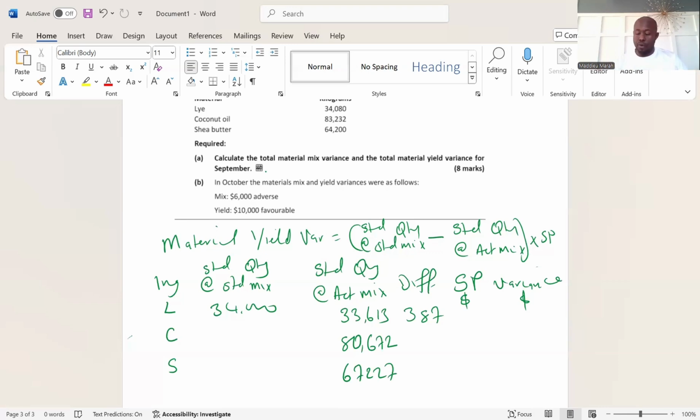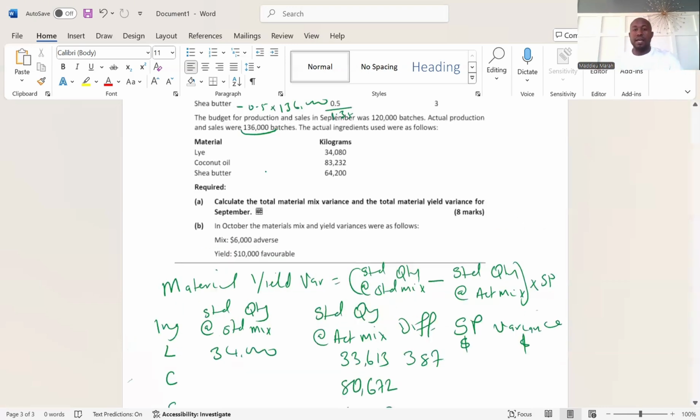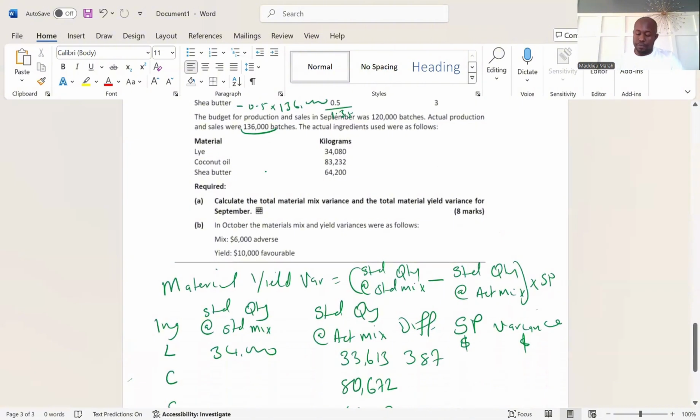This is the last example. My standard price is 10. At 10, this will give me 3,870. Which variance is this? Favorable variance, because my standard quantity at standard mix is greater than my standard quantity at actual mix.